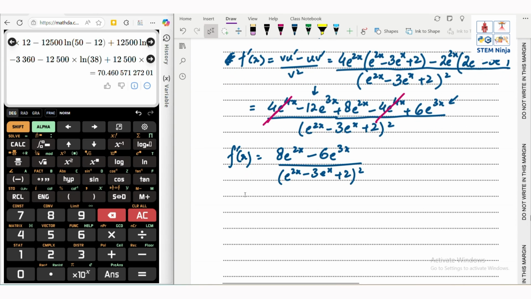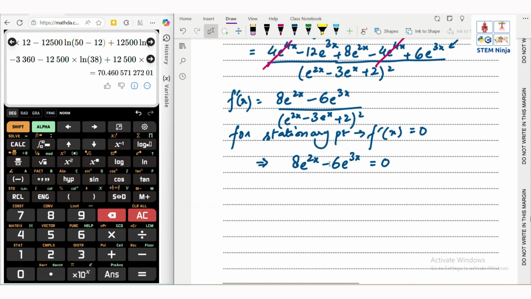Now, for stationary point, f prime of x is equal to 0. Therefore, 8 e raised to power 2x minus 6 e raised to power 3x equals 0. We take them on opposite sides, 6 e raised to power 3x, we cross multiply.